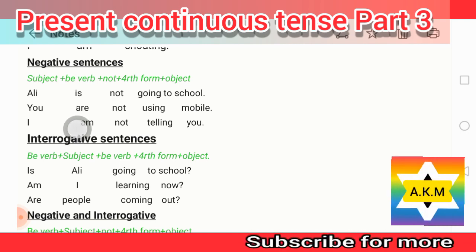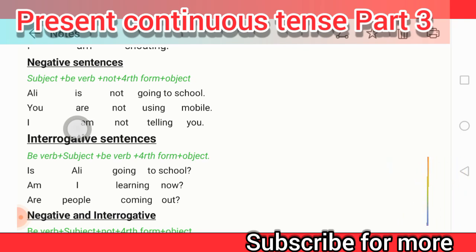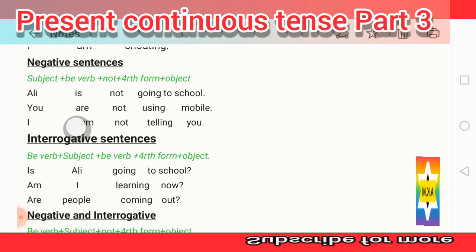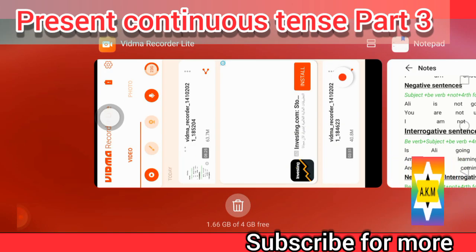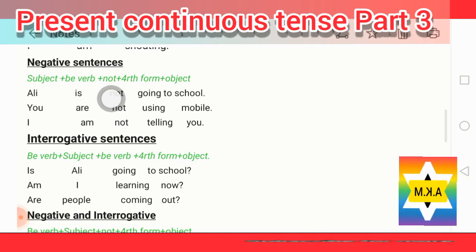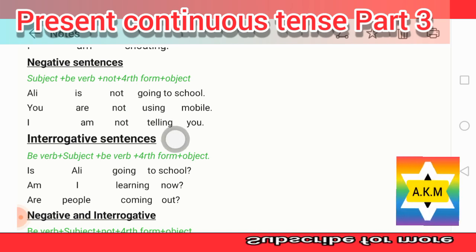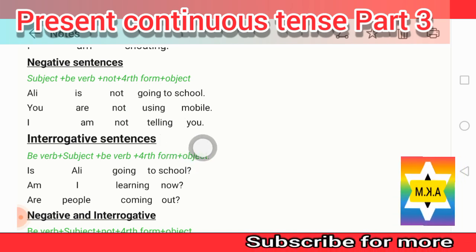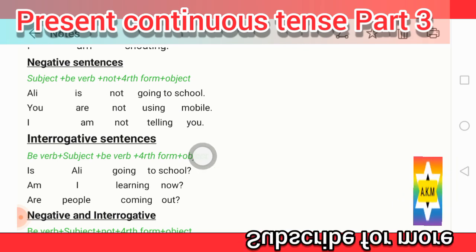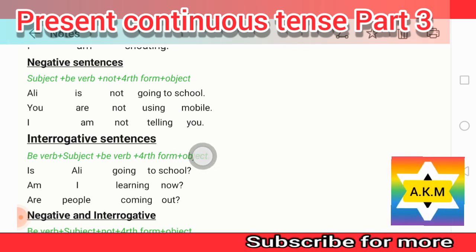If you are using I as a subject, then you will use am, and then you will put not, and then the object or the rest of the sentence. You may say object and you may say rest of the sentence.